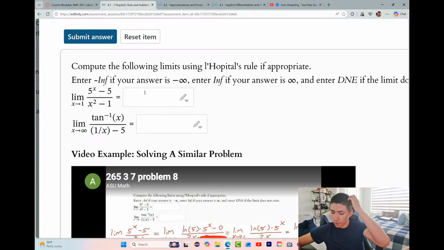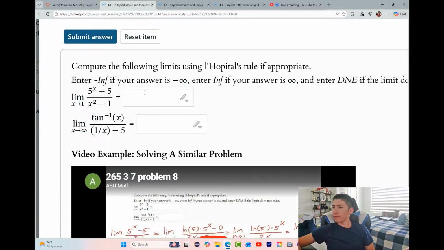The numerator gives 5 to the x times natural log of 5, minus 5, over 2x. So we get 5 to the 1, that's simply 5 times natural logarithm of 5, minus 5, over 2.